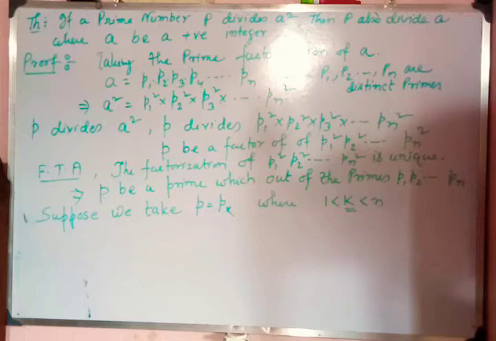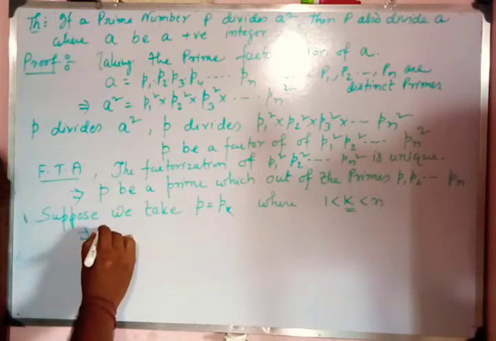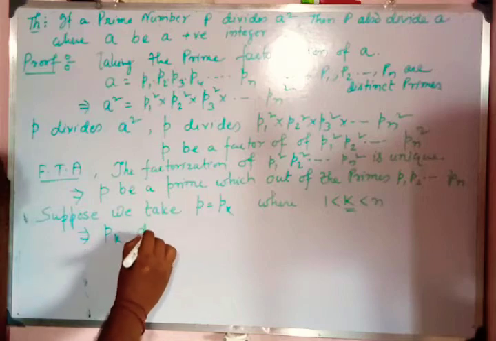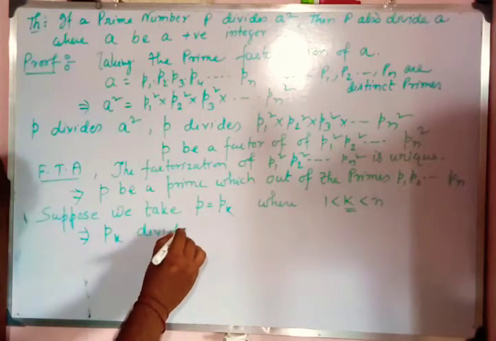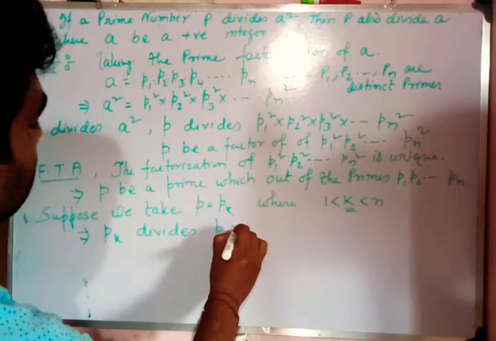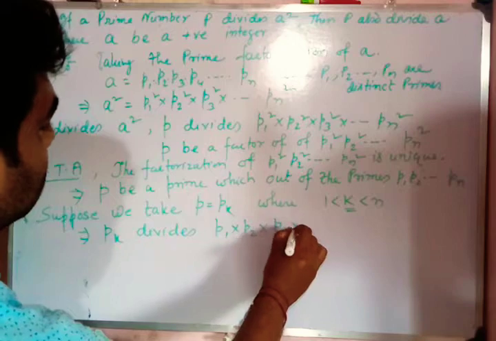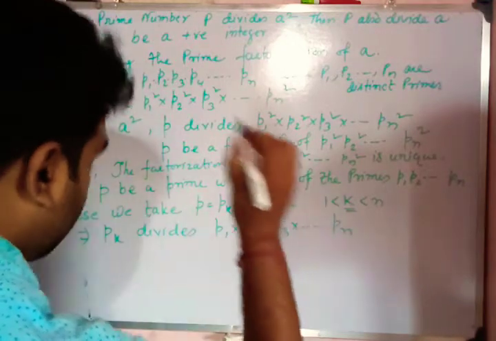So that implies pk divides p1 into p2 into p3 dot dot dot into pn.